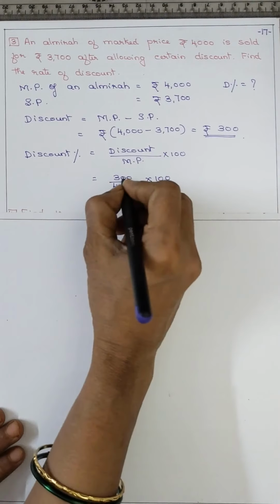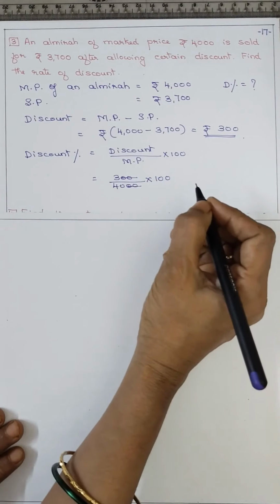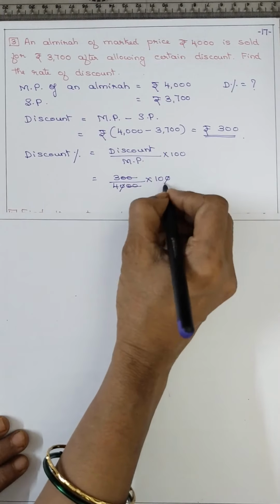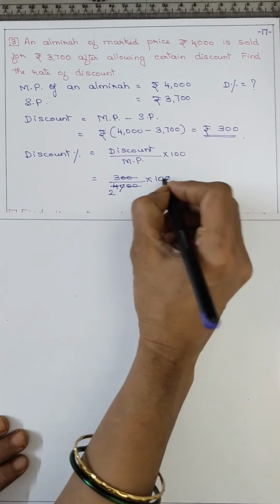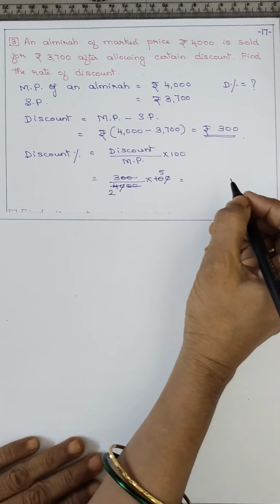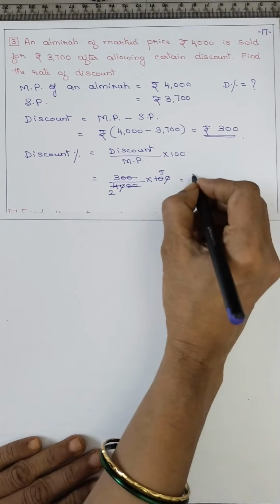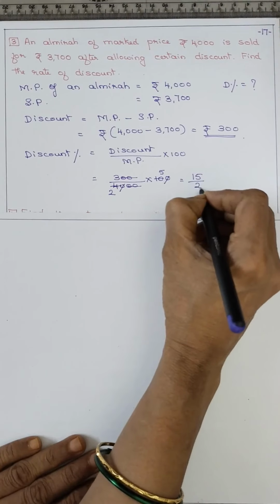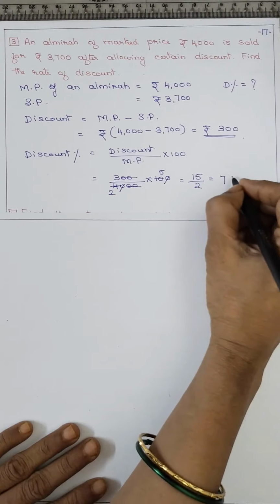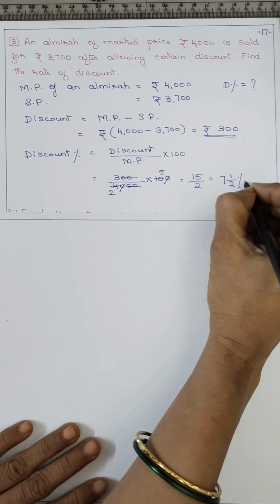It is 2 zeros cut. Now 1 0 cut, 2 2s are 4, 2 5s are 10. Now no cancellation, 3 5s are 15 upon 2. So it is 2 7s are 14, 1 by 2.